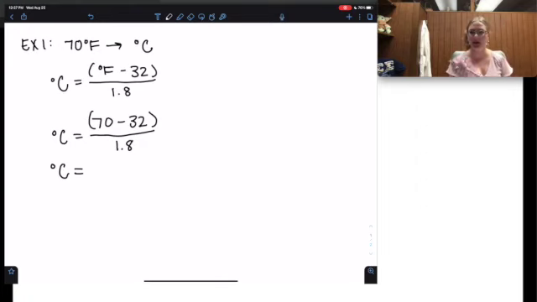Let me get my handy dandy calculator. I would type into my calculator 70 minus 32, press enter or equals, and then divide by 1.8.